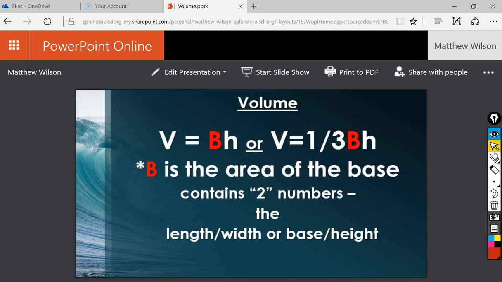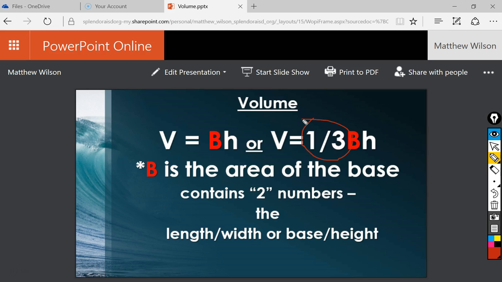And this is how we find volume. This one over here is for prisms. This one right here is for pyramids. The only difference is this 1/3 right here. The capital B means the same thing for each, and the H means the same thing for each.